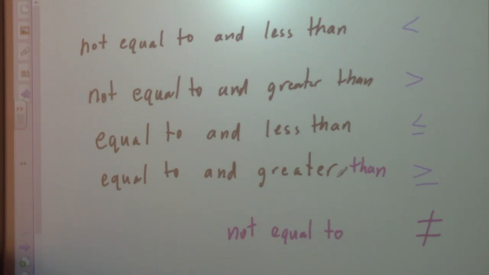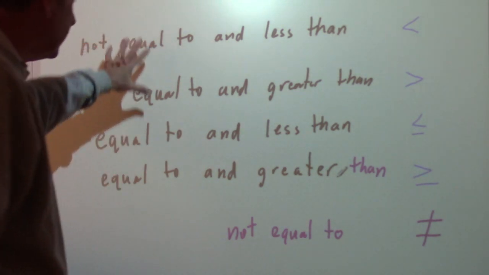Before you shade above or below a line, what do you have to do first? You got to draw a line, right? And so, what decides what kind of line you draw? To know what kind of line you draw, you have to consider this first.